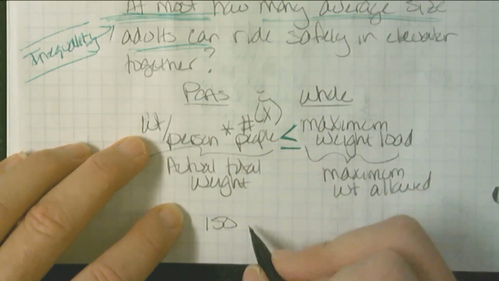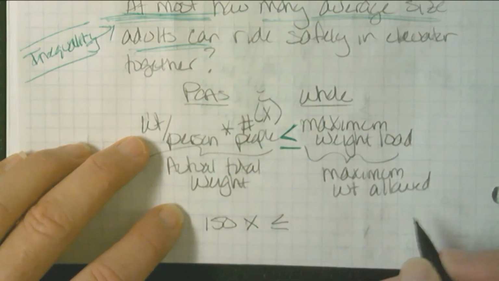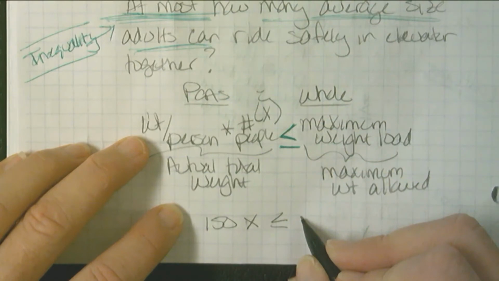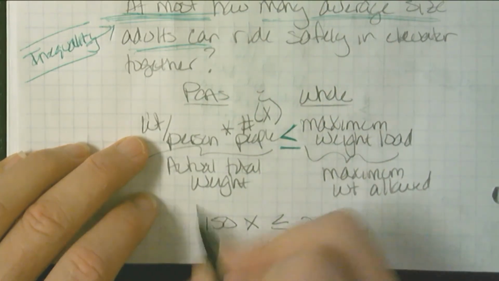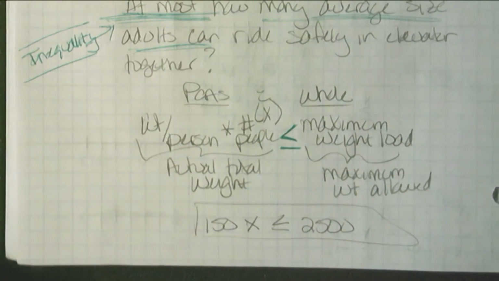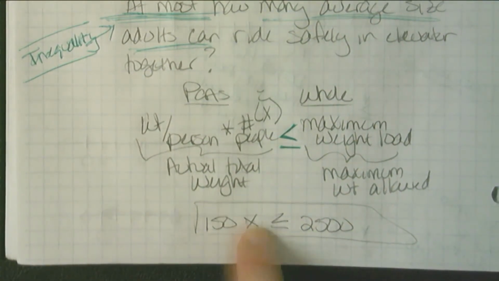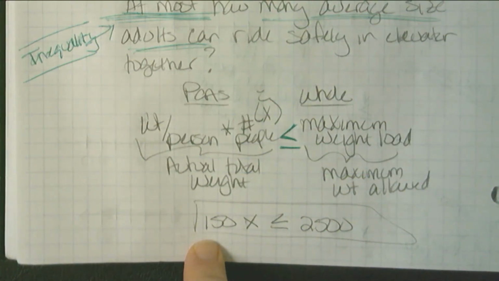How many people? Times X is less than or equal to, what's my maximum weight load? Excellent. My weight per person is 150 pounds times my number of people. That gives me my actual weight that's on there.